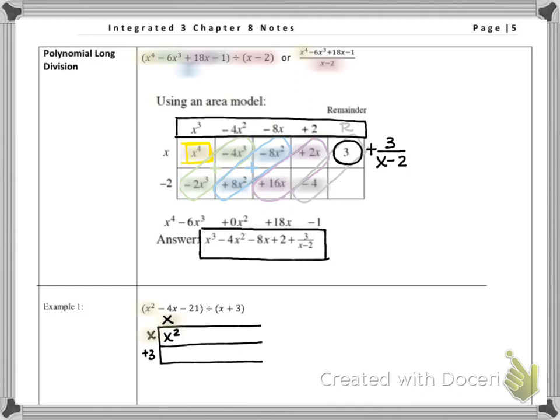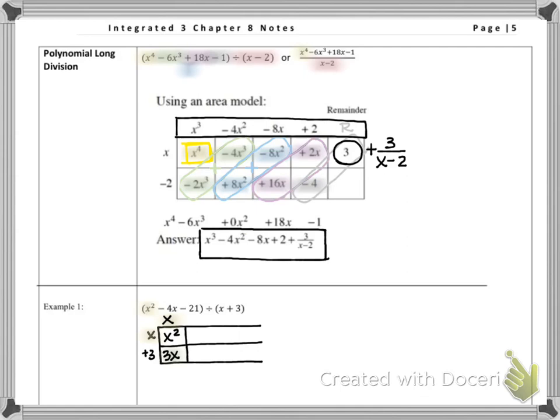So when I multiply, I'm going to multiply my x and my 3 to figure out what goes there. Well, my x times 3 is 3x. Okay, let's go ahead and close that box.